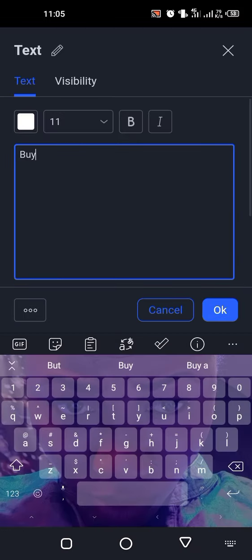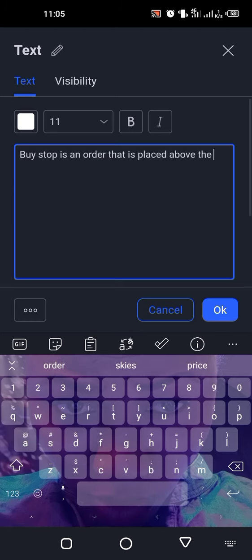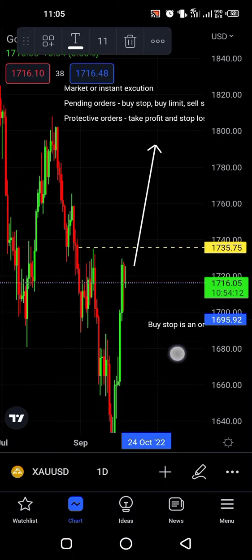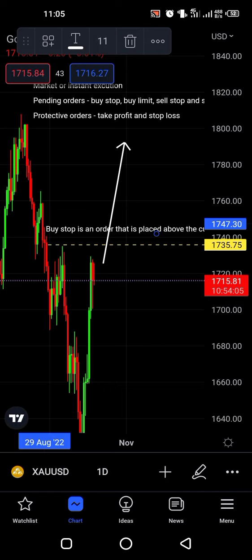Buy stop is an order that is placed above the current market price. Okay, so it is placed above the current market price.